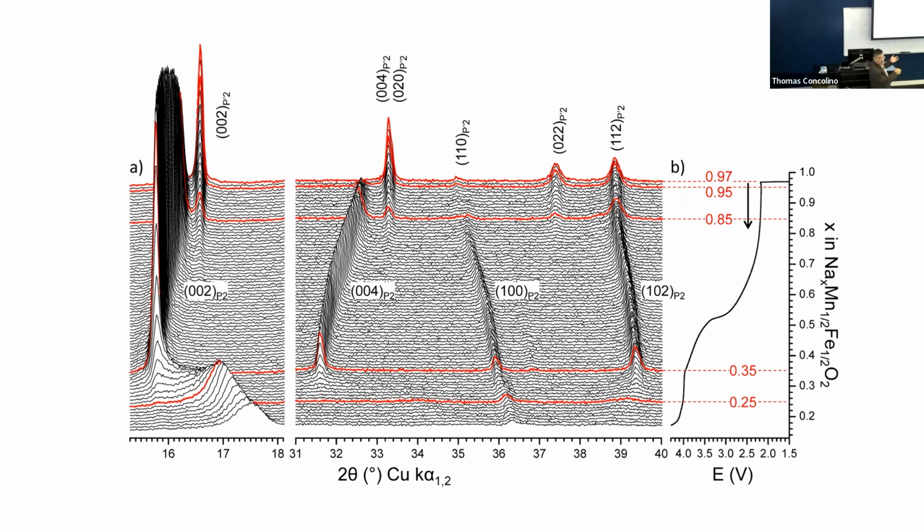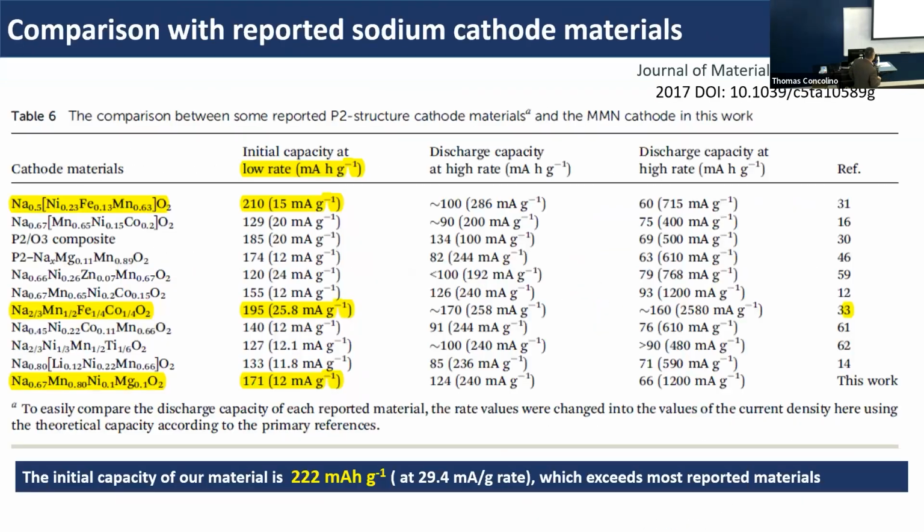This is operando XRD for the battery. You can see obviously there is a phase transition when you charge the battery to high voltage, like 3.5 or 4 volts. Here the structure transitions from the original P2 structure to O2. This phase transition, unfortunately, is bad.